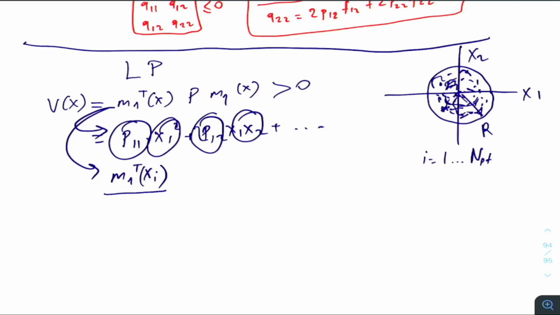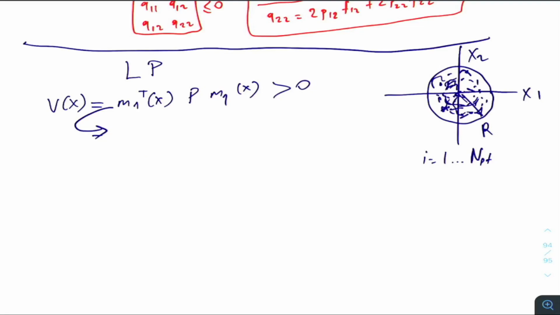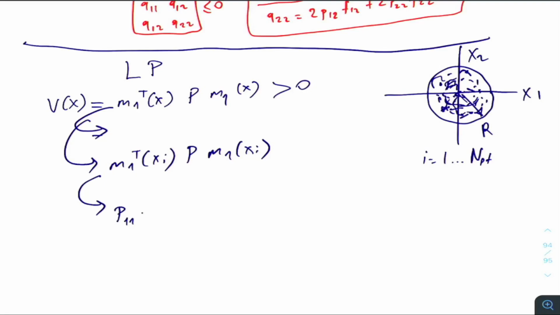Okay, we were just talking about this, right? m1 of xi times p times m1 of xi. So what is this? This is going to be e terms times a number, e terms times a number, right?